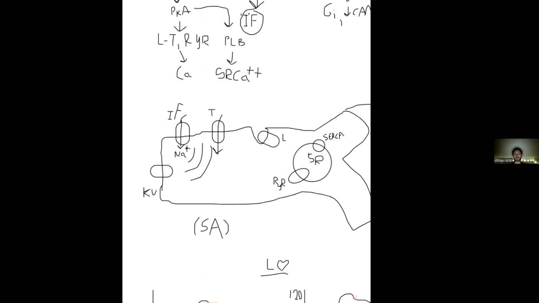Our voltage-gated potassium channels are also being activated, but the gradient of potassium is higher on the inside than it is on the outside, so it's going to be leaking out.